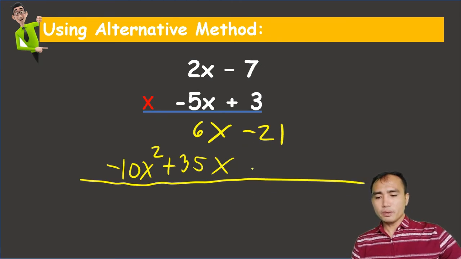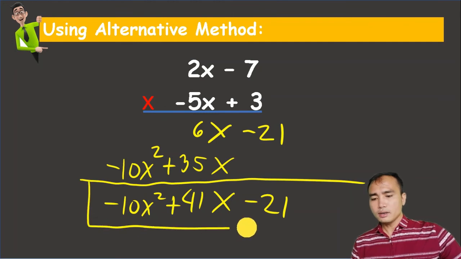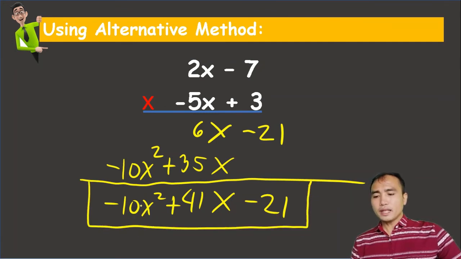Bring down negative 21. Then combine 6 plus 35 is 41x. And bring down negative 10x squared. This is plus. Therefore, the answer is negative 10x squared plus 41x minus 21.